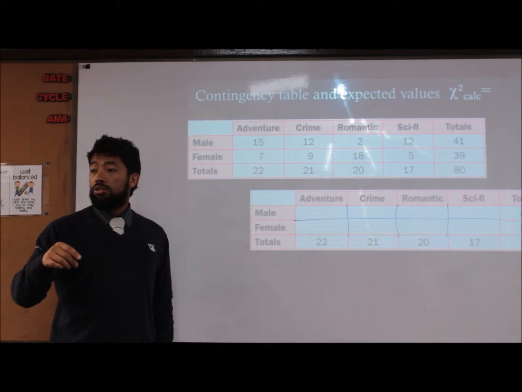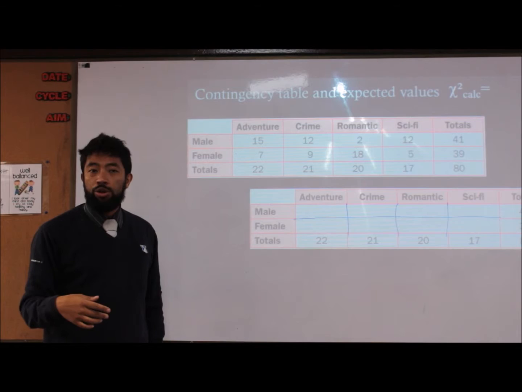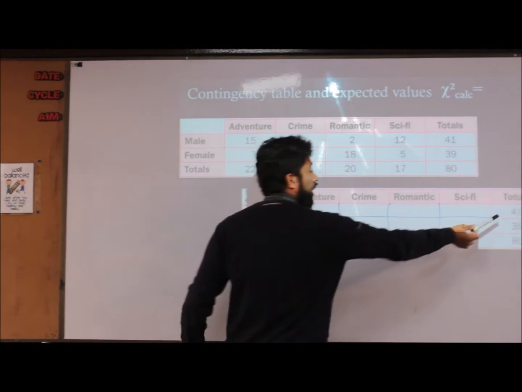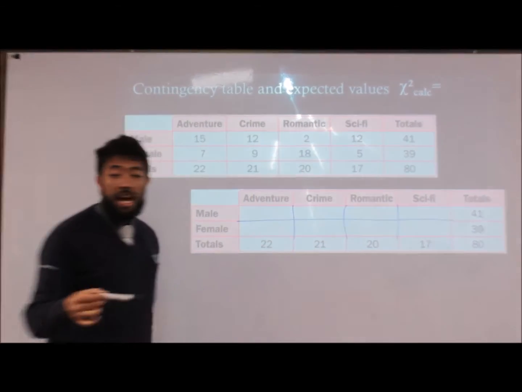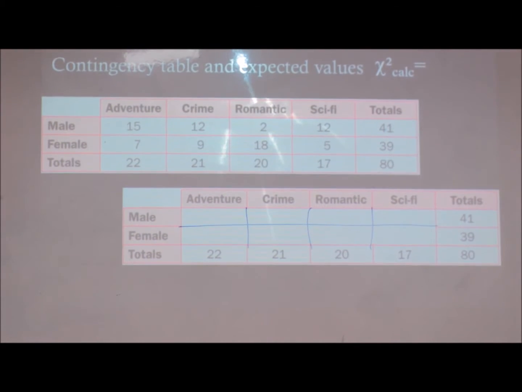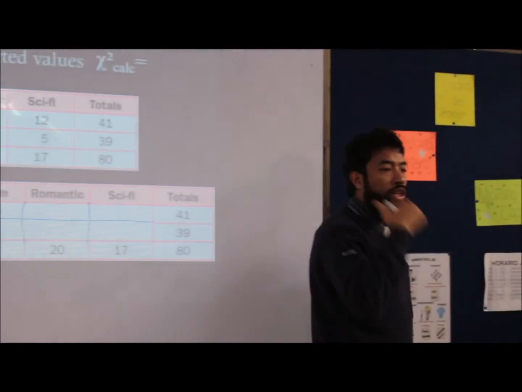I'm not going to show the whole process, and I don't want you to show it either. I want you to use the shortcut we learned in the previous class: this multiplied by this divided by this. Now fill the table. Construct in your notebook the expected frequencies table, and in a while I'm going to take some notebooks to fill it on the board.